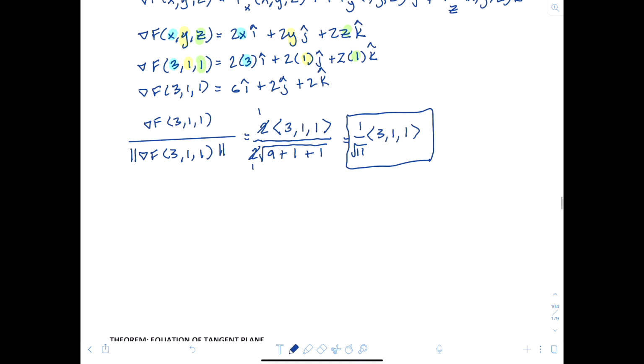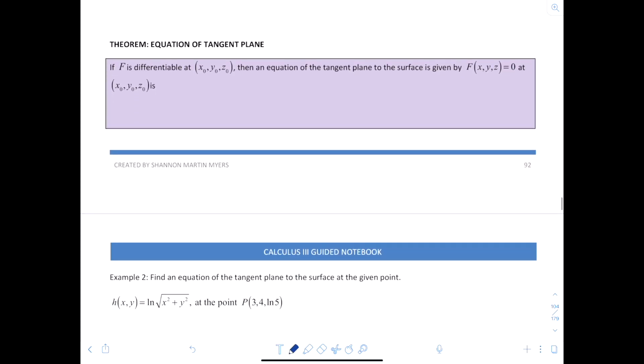All right, so moving on, we've got a theorem, equation of a tangent plane.